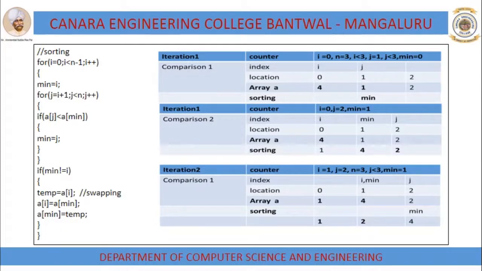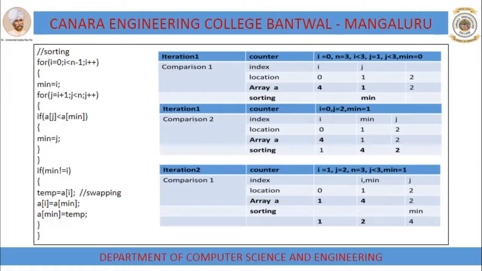So now minimum is not equal to I. Minimum is 2 now, and I value is 1 now. So 2 is not equal to 1, the condition is true. So temp equal to a of I. A of I is a of 1, the value stored is 4, that is moved to temp. Then a of I, that is a of 1, equal to a of minimum.